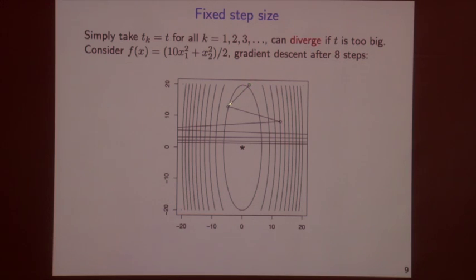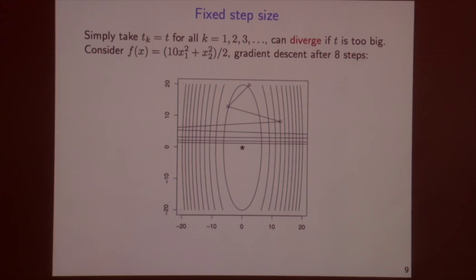The first iteration takes you here, the second iteration takes you here, where the gradient is becoming larger and larger, and so the other iterations are just blowing up. You're getting closer to the true minimum, which is at the origin, but you're never actually going to reach it. You're just oscillating to the right and to the left of it.